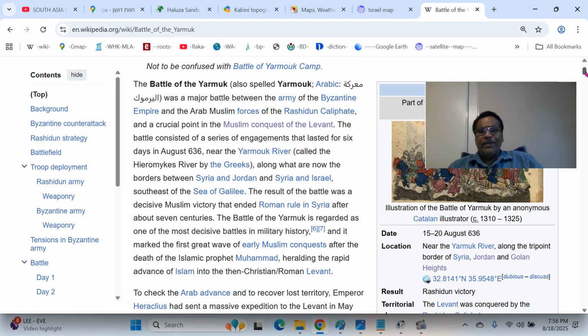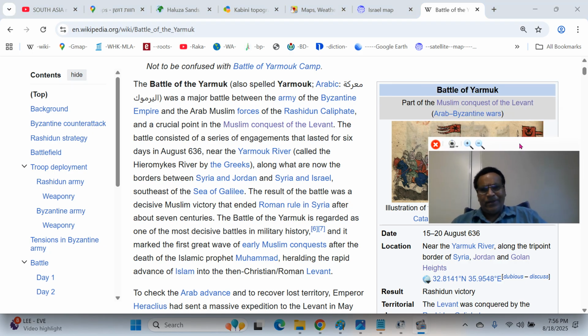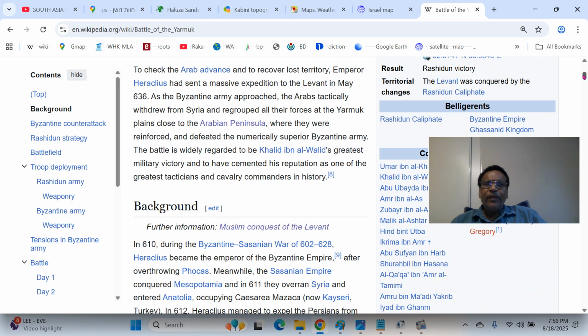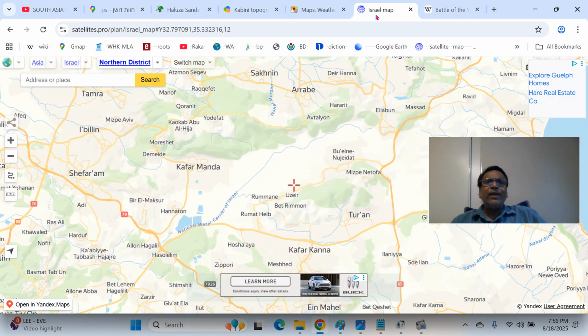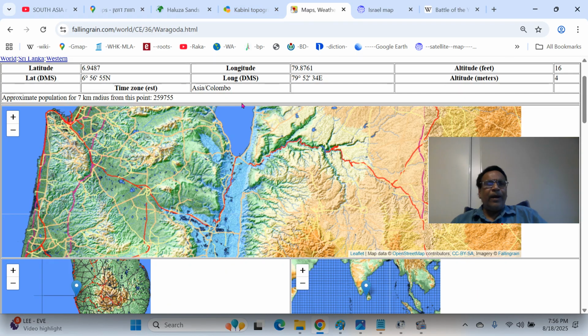That means this land eventually was Islamized and eventually Arabized also. That means native cultures, languages, religions were replaced under different hegemonistic dominant ideas under a religious banner. So that's the Yarmouk, a salient point you can keep in mind.